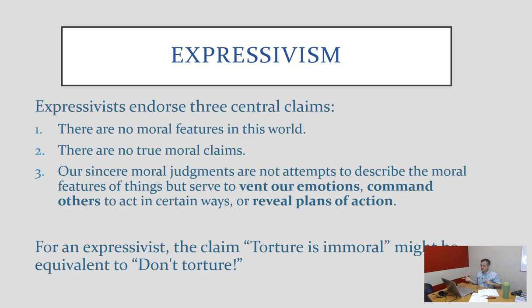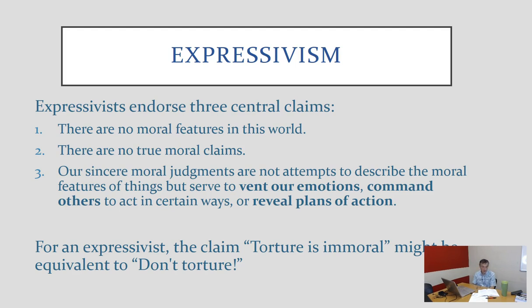Okay, so let's talk about expressivism again. And so you can see that on the first point, they agree with the error theorist. Actually, the first two claims, they agree with the error theorist, that there are no moral features in the world, and that there are no true moral claims. So they agree there.